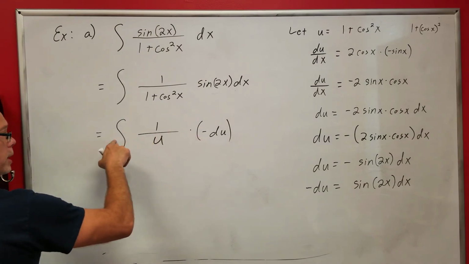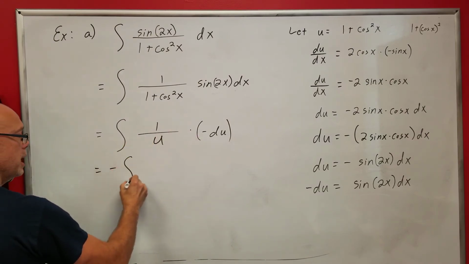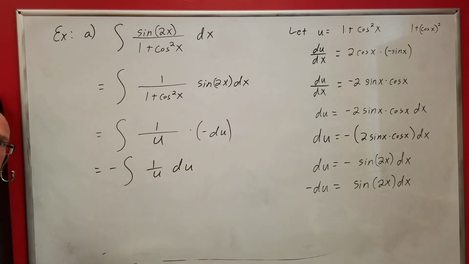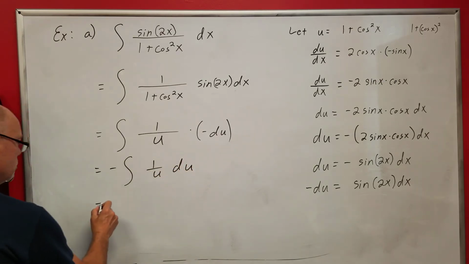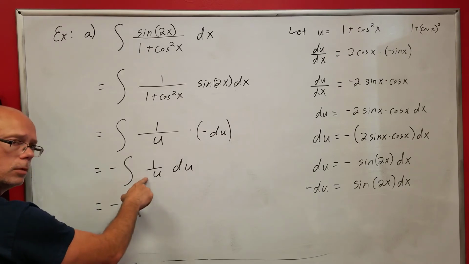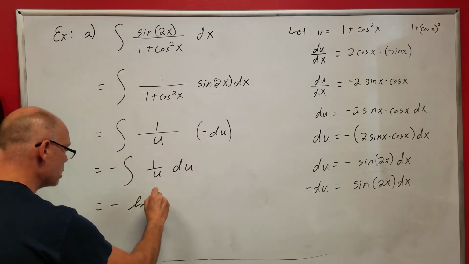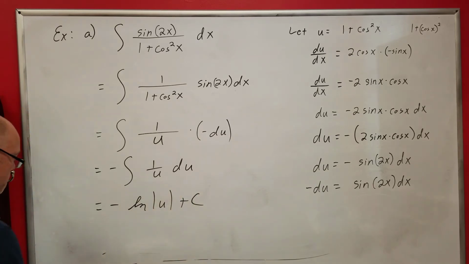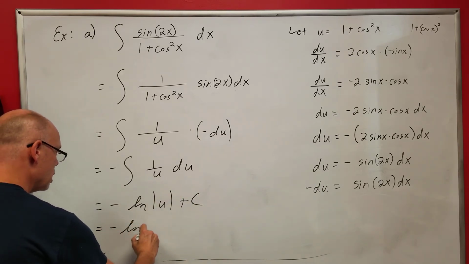Pull your negative, or your -1, to the outside. So you have negative integral of 1 over u du. So negative out front. What's the antiderivative of this? Natural log of the absolute value of u plus c, right? So that's negative natural log of the absolute value.